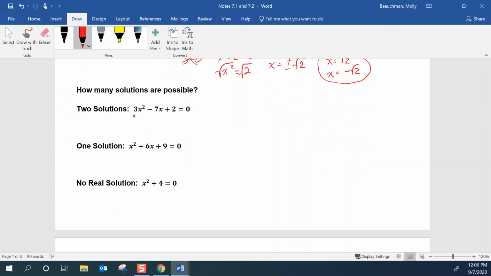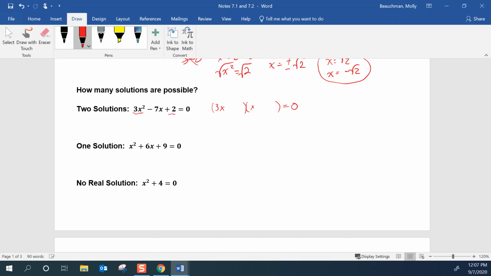So let's factor 3x squared minus 7x plus 2. We know that 3x and x go in the first spot. This is the factoring where we're doing trial and error, basically. So I know that 3x times x is the only combination to get 3x squared.